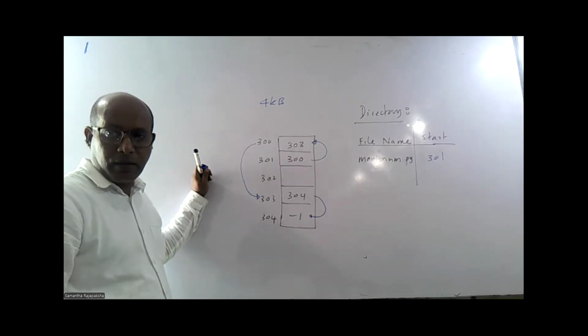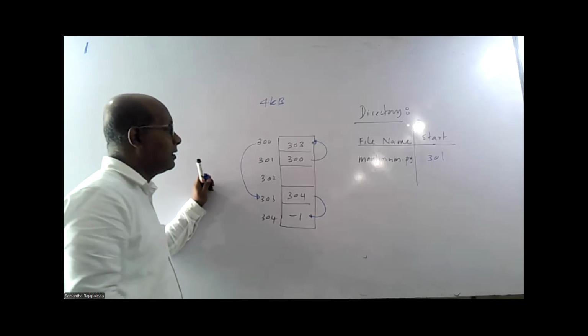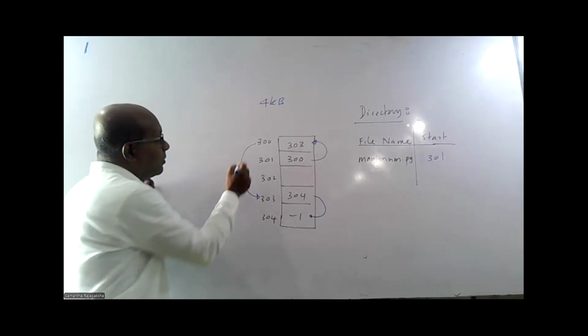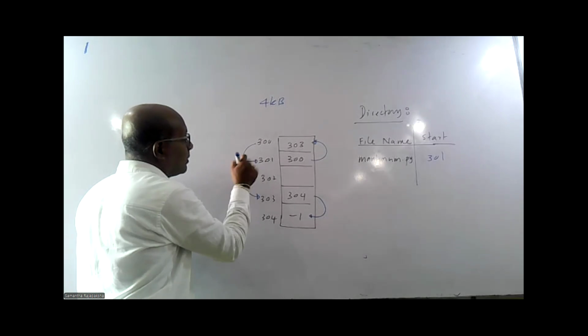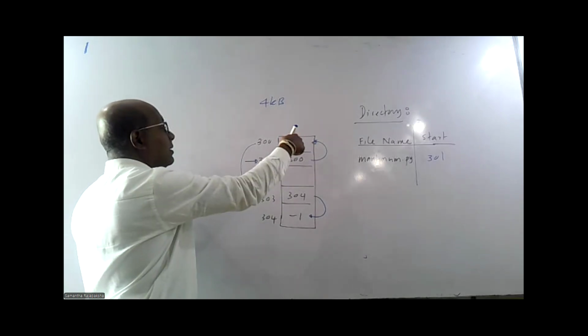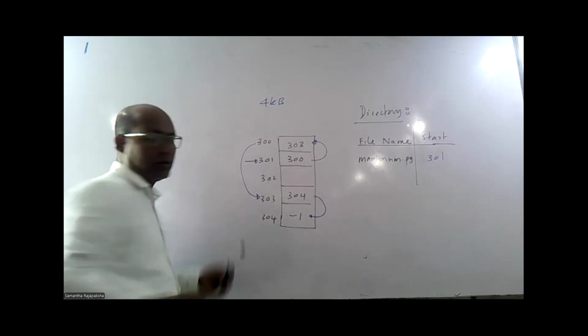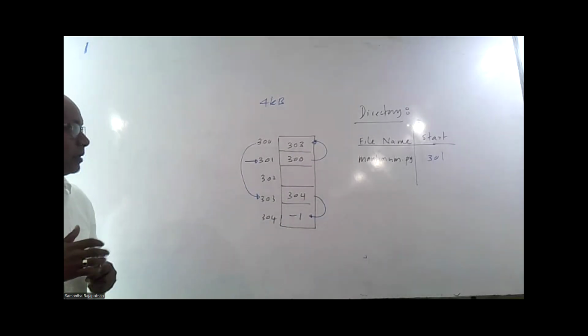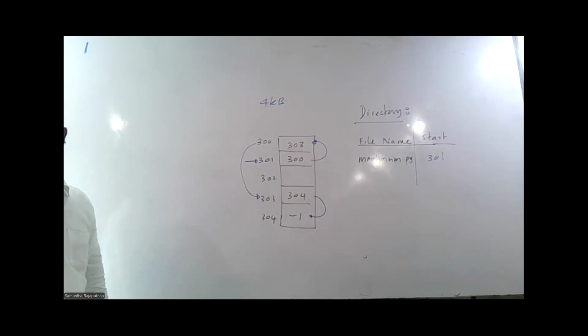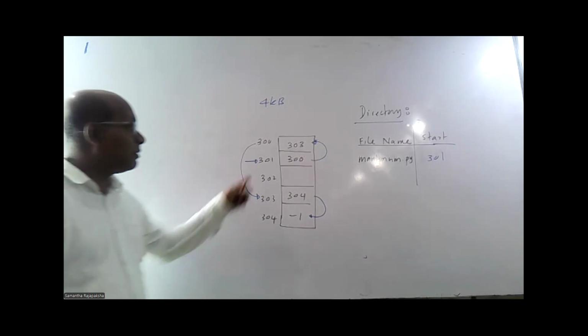How, sir, 301? 301 is the start. You have to come to this one first. Then it says go to 300. Then 300 goes to 3, and it goes to 4. They are asking the block number, no, sir? Yeah, starting block. The starting block is 301.